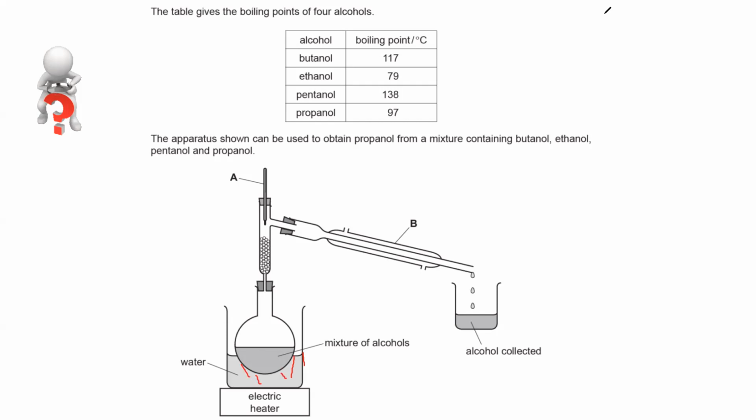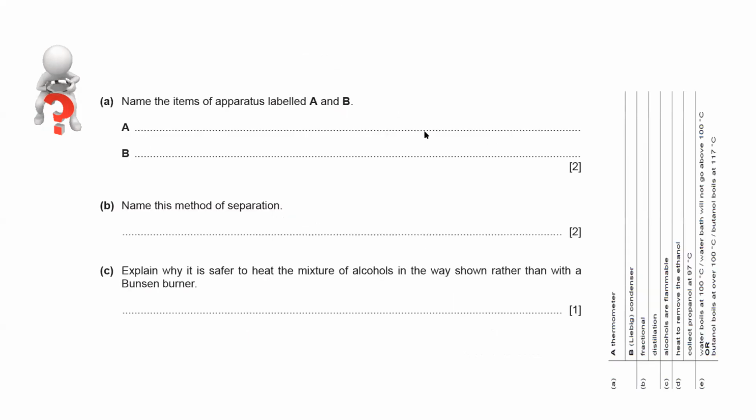Because a Bunsen burner has a flame that can cause fire, and these are flammable liquids, so they can catch fire. It's not about breaking glass, it's for safety, because a Bunsen burner has a flame that can cause fire to a flammable substance. That's a good answer.